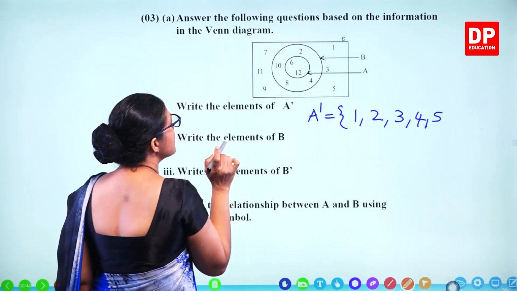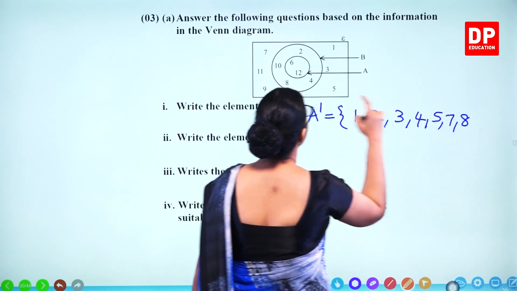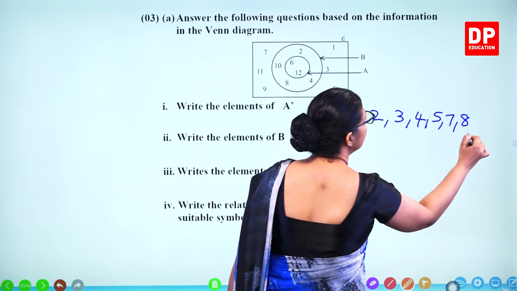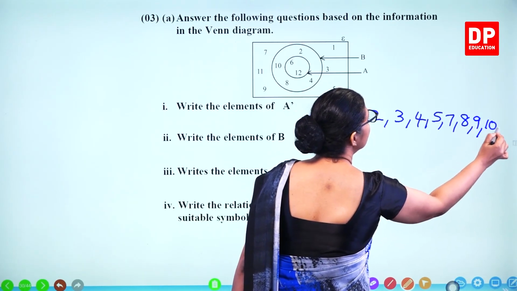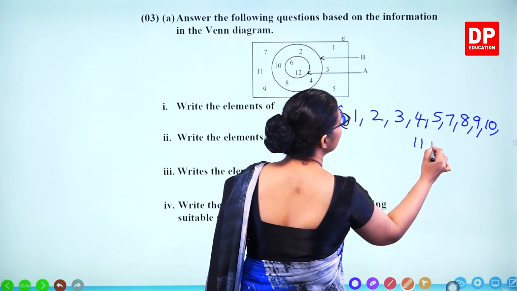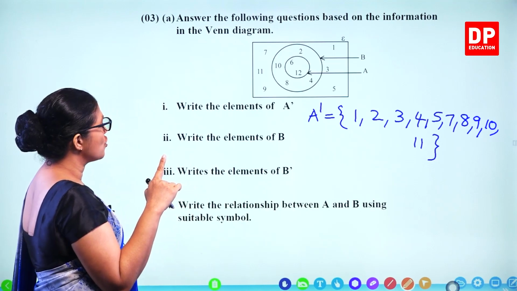You can't write 6. 7, 8, 9, 10. Then 11. You can't write 12. So that's A dash.